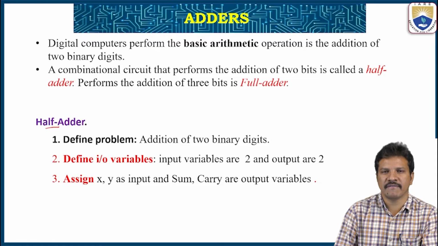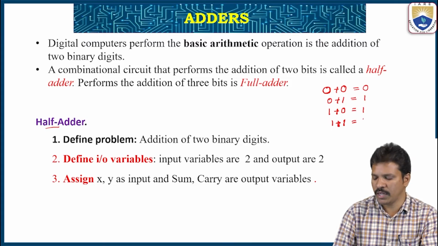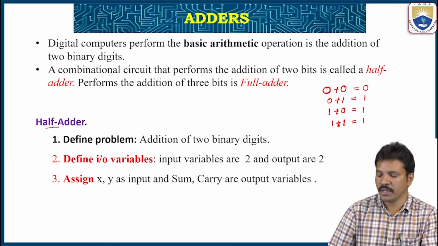What are the possibilities of adding two bits? 0 plus 0 gives 0, 0 plus 1 gives 1, 1 plus 0 gives 1, and 1 plus 1, in the logical operation of the plus symbol, gives 1 only. Logical operation and arithmetic operation are different. Arithmetically, 1 plus 1 is 1 0.